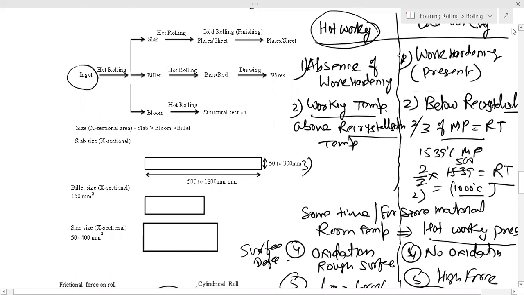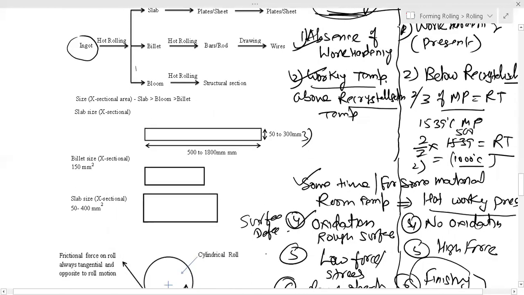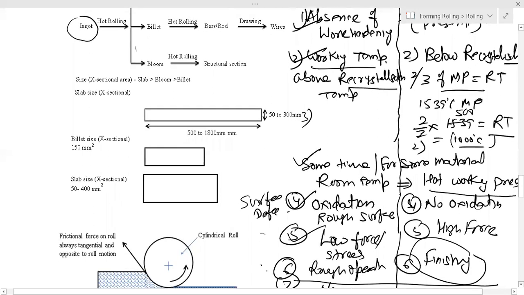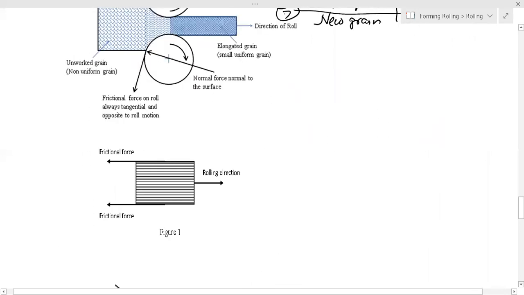So first is the absence of work hardening in the hot working process. This is cold working, this is hot working. Working temperature above recrystallization, oxidation, rough surface defect, low force required, a rough operation, and new grains will be formed.